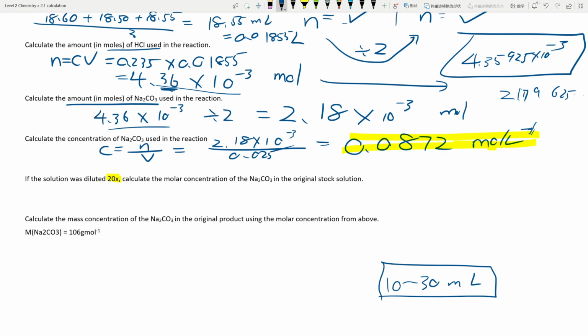And for time efficiency, you don't want the titer to be too big. If your titer is too big, that means the solution in the flask is too concentrated.